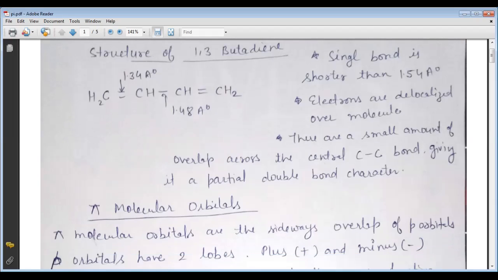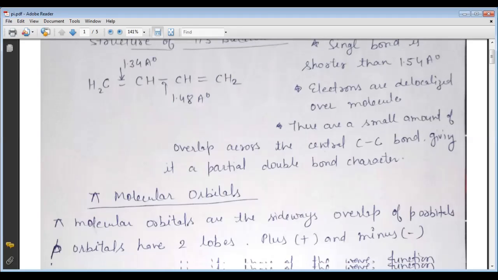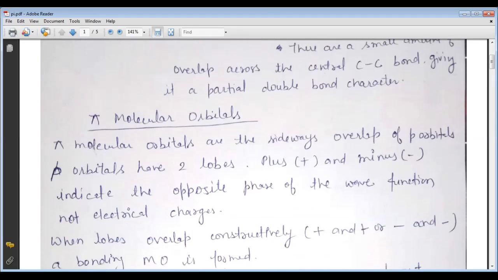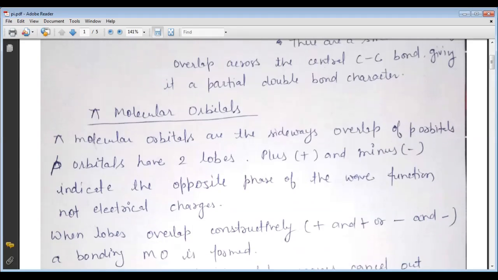One important thing about molecular orbitals: when atomic orbitals overlap, there is the formation of molecular orbitals. But not all orbitals do; only those orbitals which are perpendicular to the molecular axis. Here the pi molecular orbitals form by the sideways overlap of p orbitals, overlapping face to face.